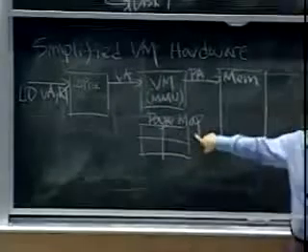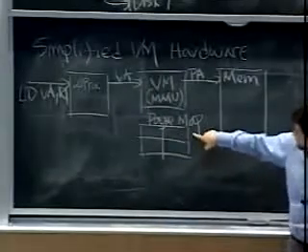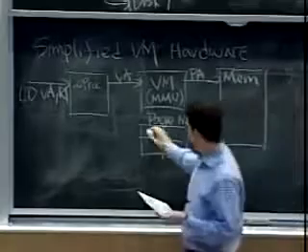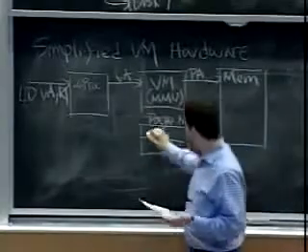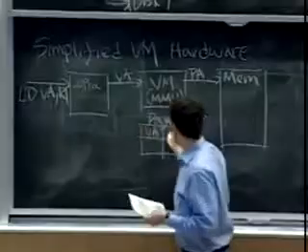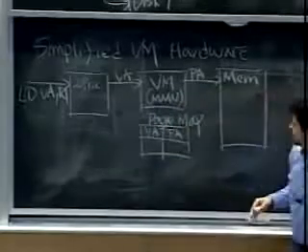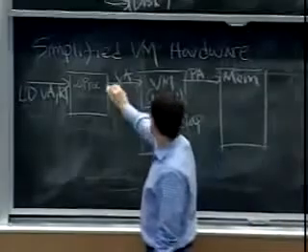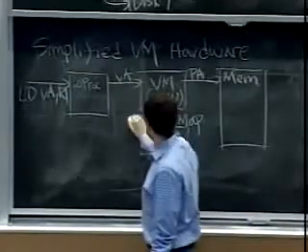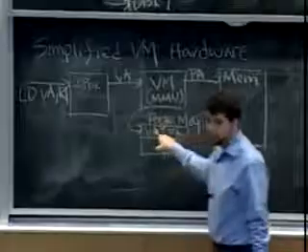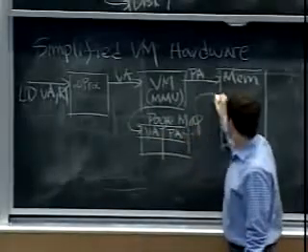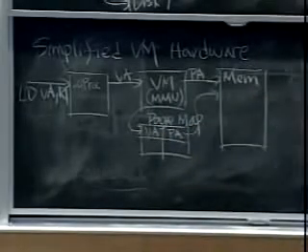This is a page map, and what a page map basically has is just a table of virtual address to physical address mappings. So when some virtual address comes in here, the virtual memory manager looks up that virtual address in this page map, finds the corresponding physical address, and then looks that physical address up in the actual memory.